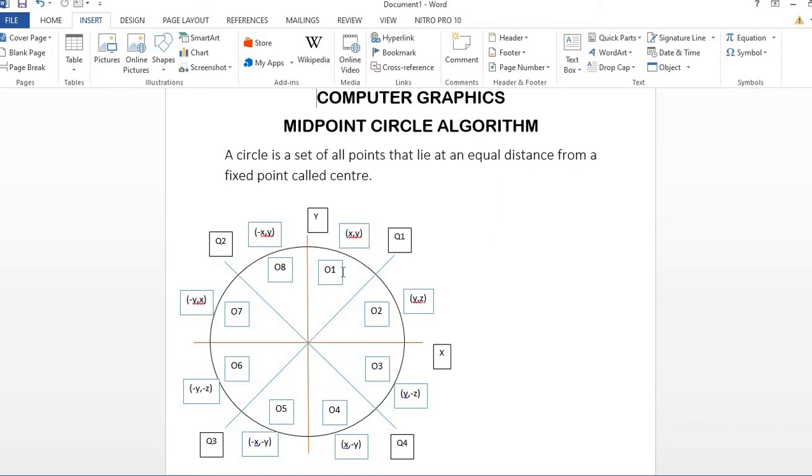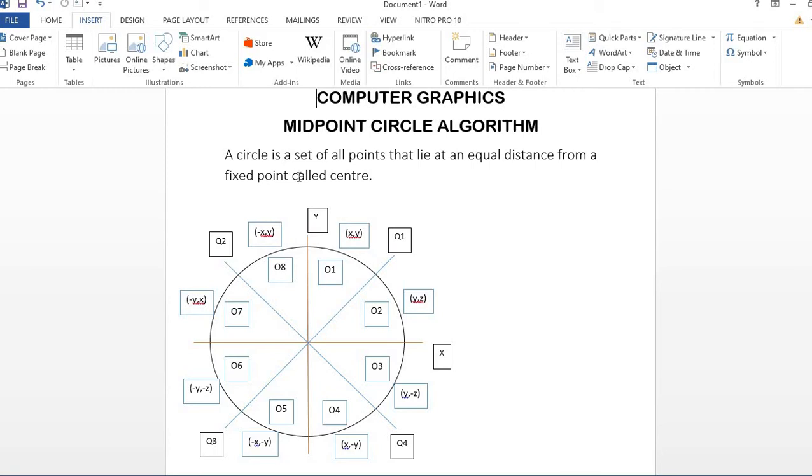If we take a point x, y in octant 1, we plot seven more points by using the transformation of these points. So this is the circle algorithm.